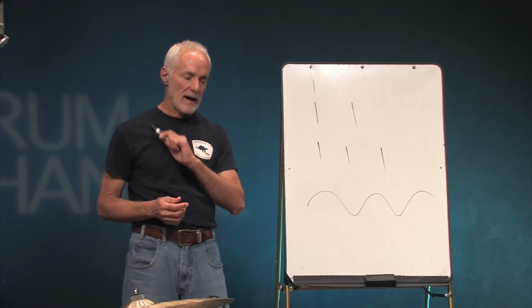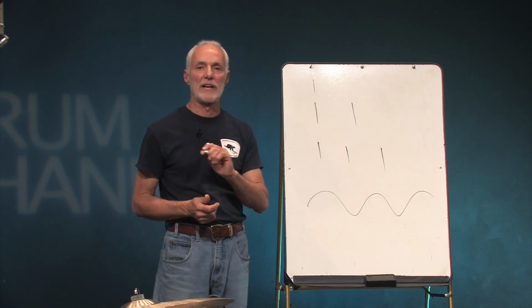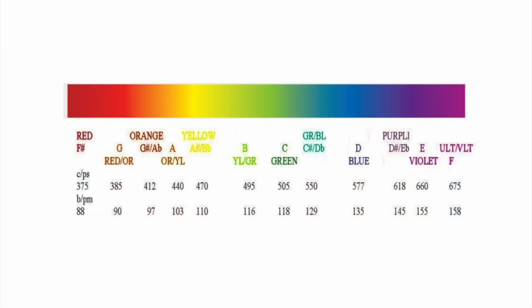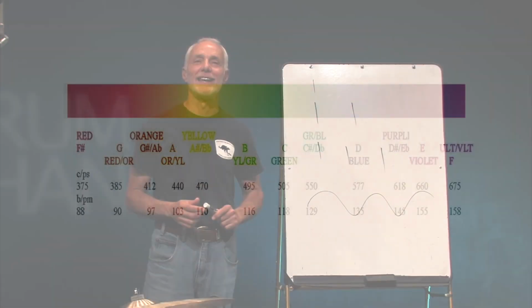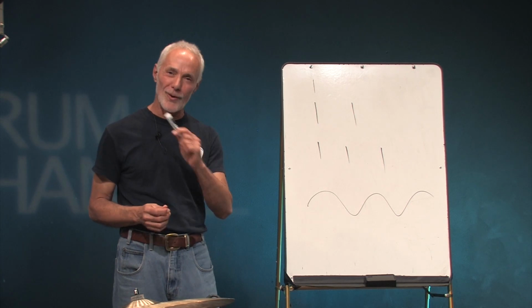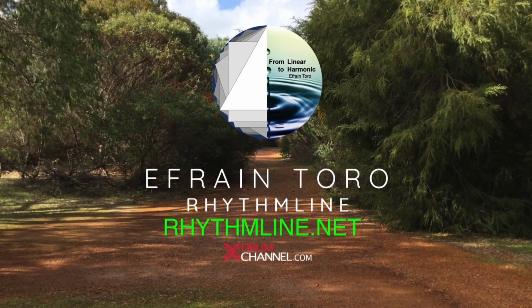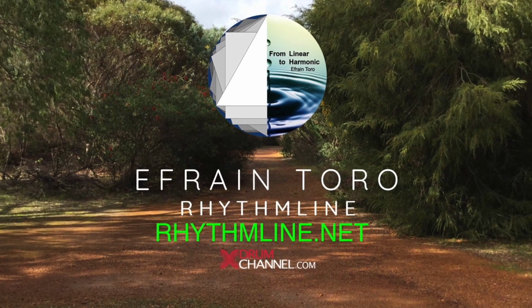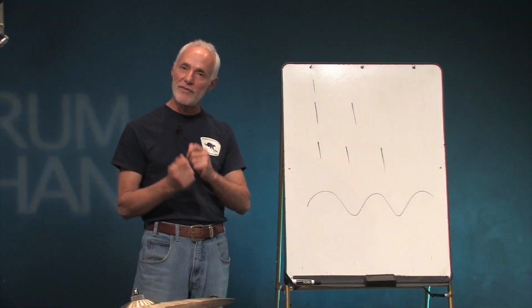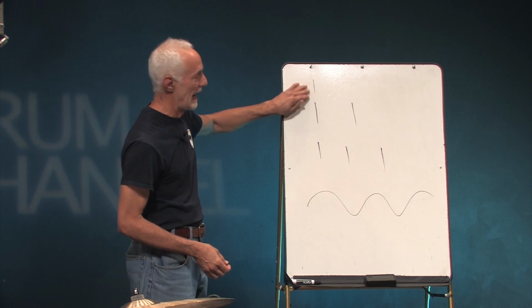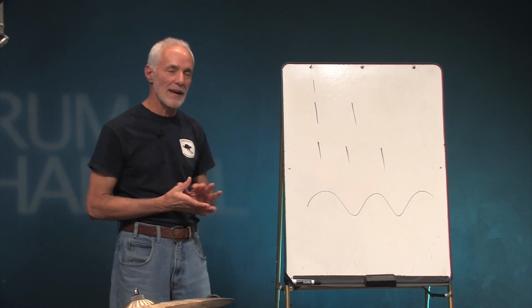Pulse, it would have a pulsation of beats per minute. Okay, and if you want to find out what the beats per minute is, study. Or log into Drum Channel and maybe you'll learn something. This is the basis of nature. It's frequency. We play frequency. We play downbeats and upbeats, and that's all we play.